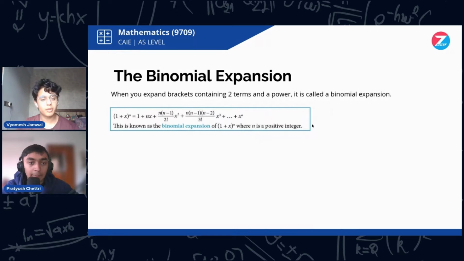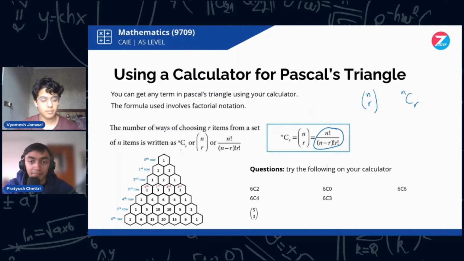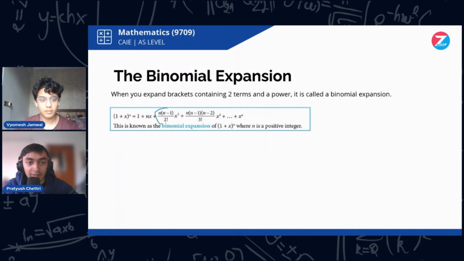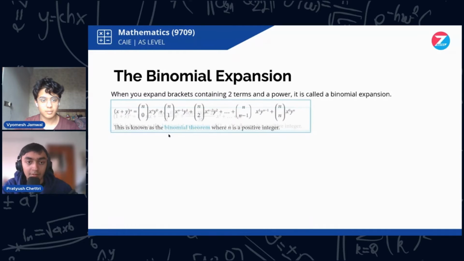Right. By the way, Pratyush, I actually wanted to ask you, is this not part of the P3 syllabus? This one is part of the P3, but we don't use this. There's a simpler one. This reduces down from the previous formula, if we replace all of these here, then that gives us this, which is a lot nicer to look at.